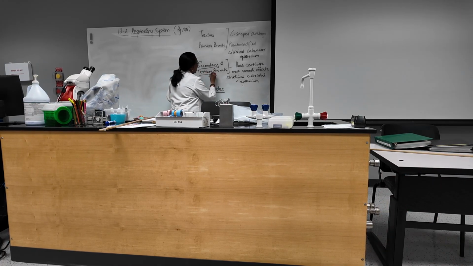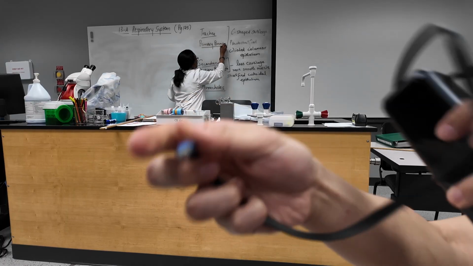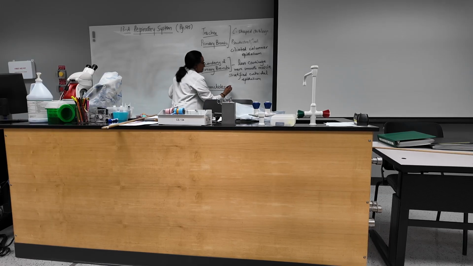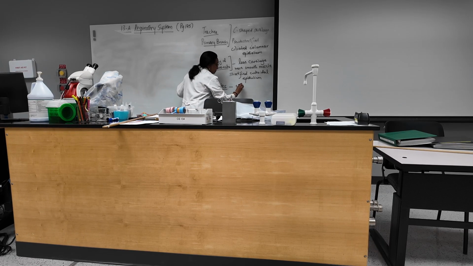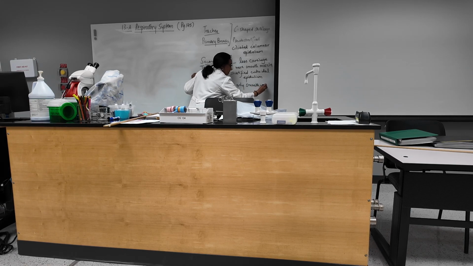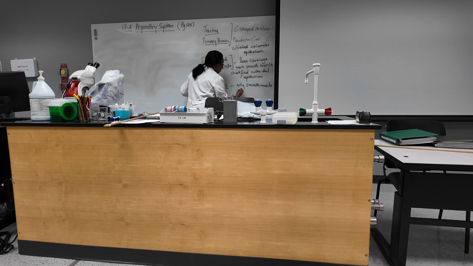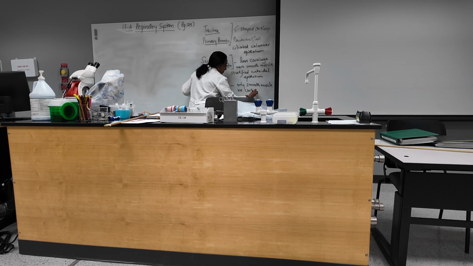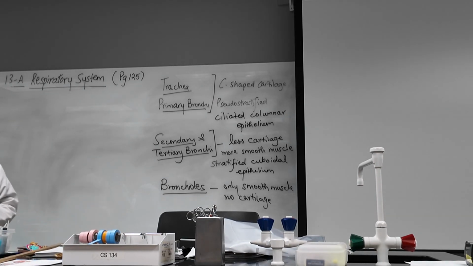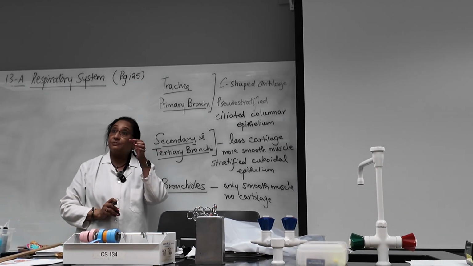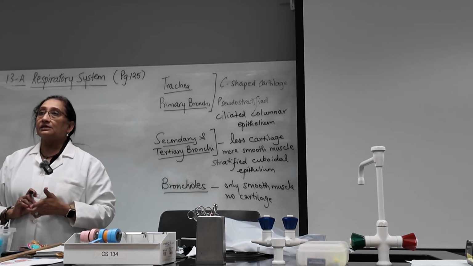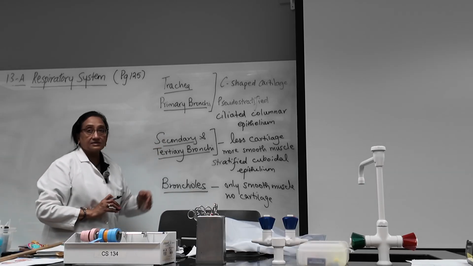So you have looked at the air passages, you have looked at the larynx, now we go to the lung proper. Before we do that, the air passages, trachea, the primary bronchi, have C-shaped cartilage, you will see it, and then pseudostratified ciliated columnar epithelium that lines the inside.